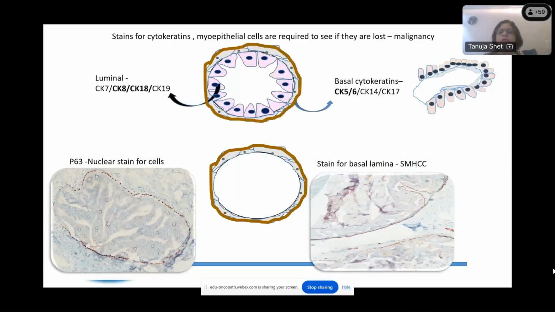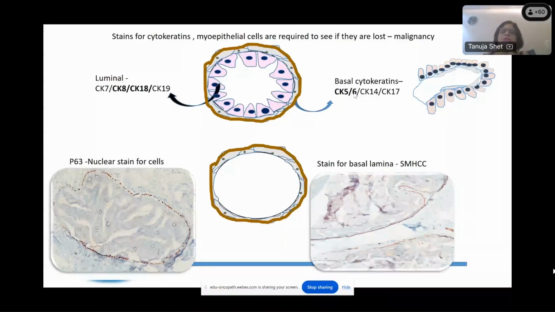Then we do cytokeratins. We do two types of cytokeratins: one keratin for myoepithelial cells, and one keratin for the luminal cells. So why do we do it? For luminal cells, as I said, we use 8/18, and for myoepithelial cells, generally we use 5/6, but CK14 is also as good. Now, why do you do this? Suppose I have an intraductal epithelial proliferation, and I see a good healthy mixture of these two types of cells.